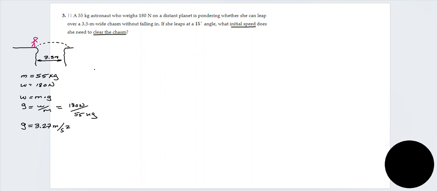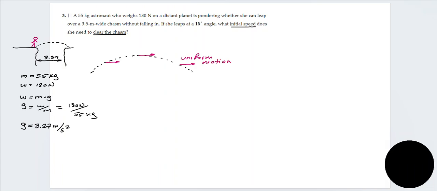So as she is jumping to pass over the chasm, we have, right, that in the x direction it would be in uniform motion, right? So here is uniform motion.